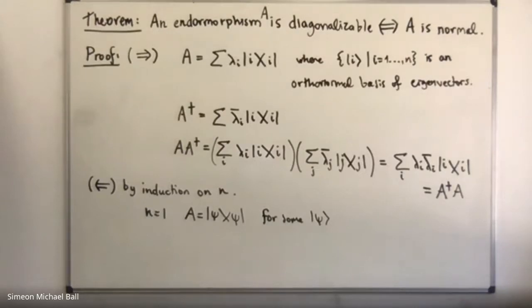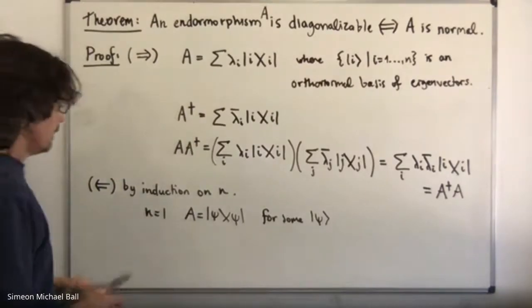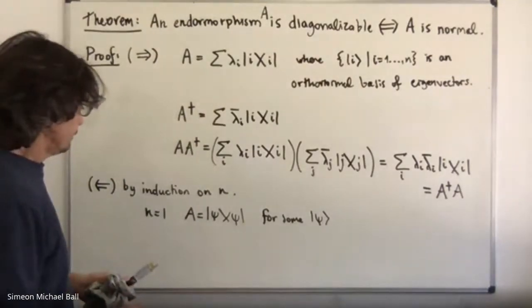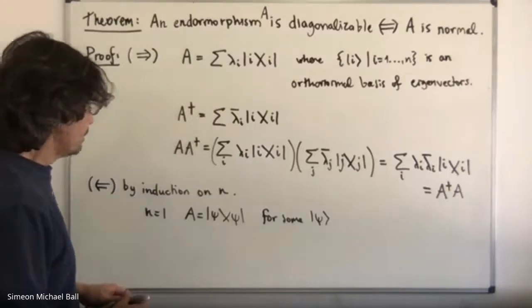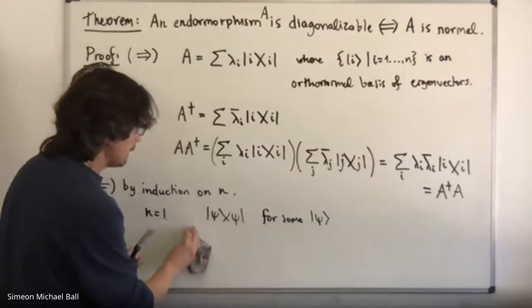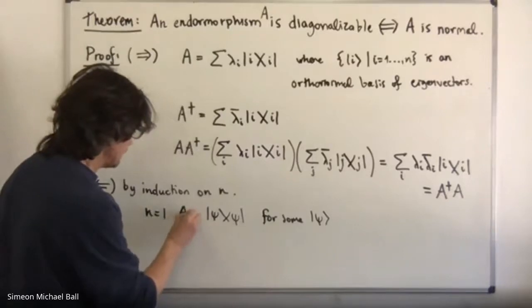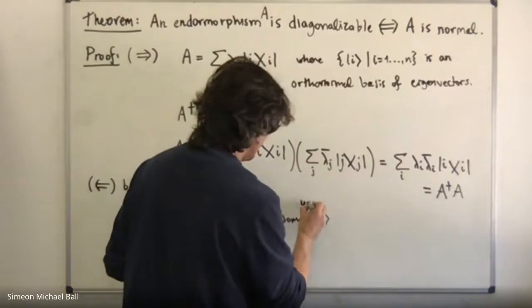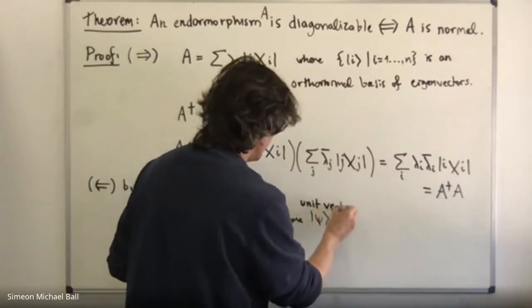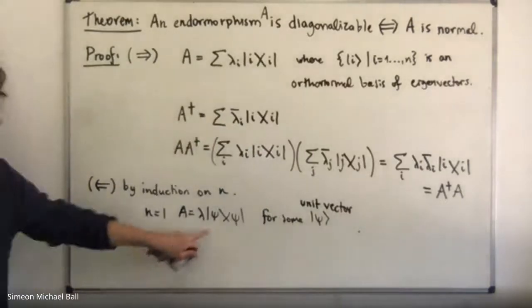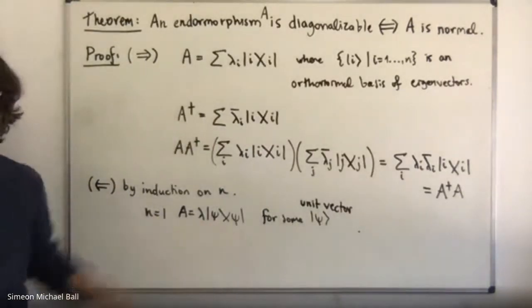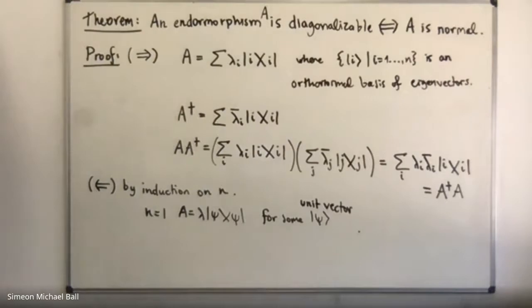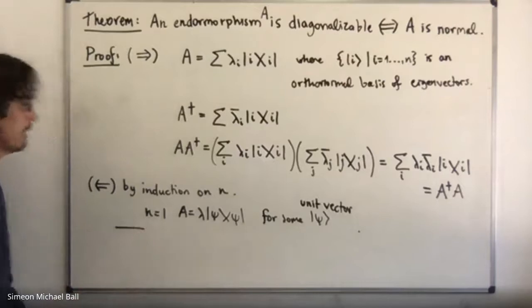Well, I suppose strictly I have to divide by the norm, don't I? So let's say for some unit vector psi, A is lambda times ket psi bra psi, so that proves that it is diagonalisable. Okay? So n is 1.